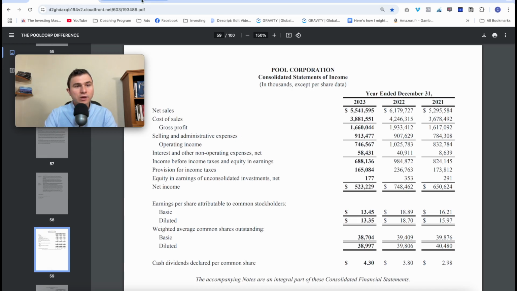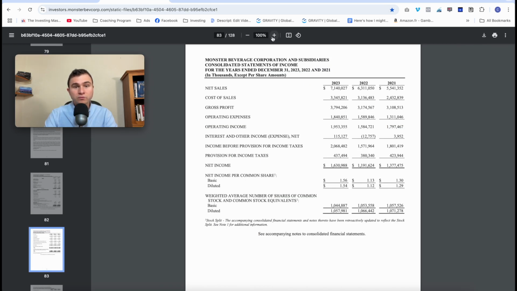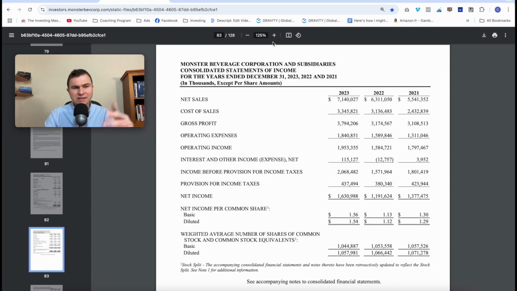I have another example for you, Monster Beverage, the company that sells the energy drinks in cans. Same thing. You start with net sales. You deduct the cost of goods sold, the cost of sales. You have your gross profit. So that's the first step. Then you deduct your operating expenses, salaries, research and development. You deduct this one and you get your operating income. So EBIT, you can get the margin out of it. Now that's the interest and other income, or expense in brackets.